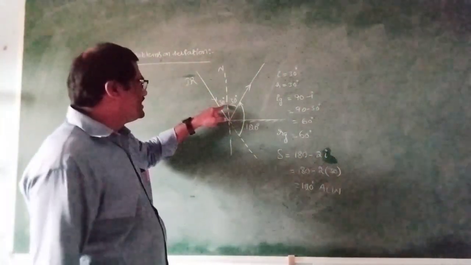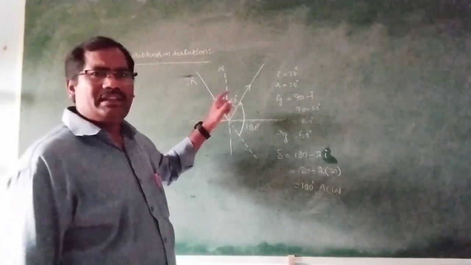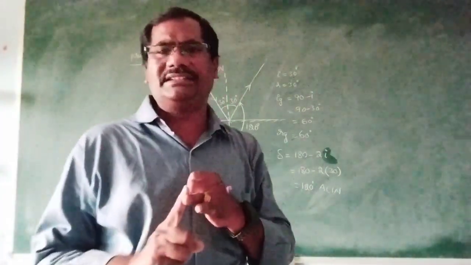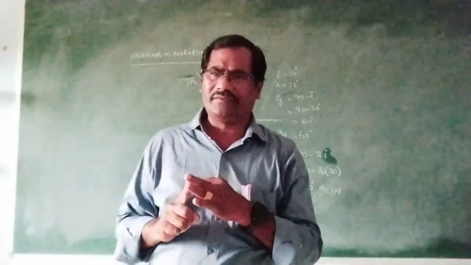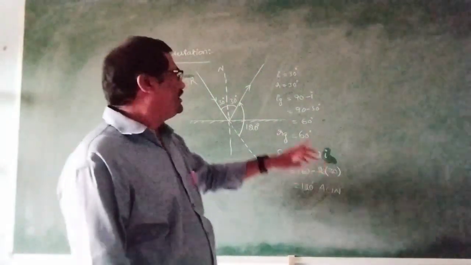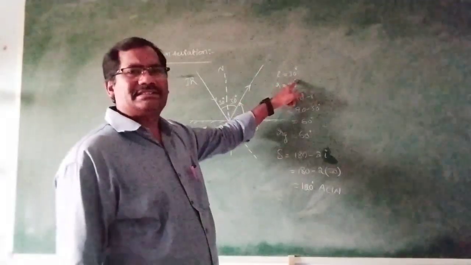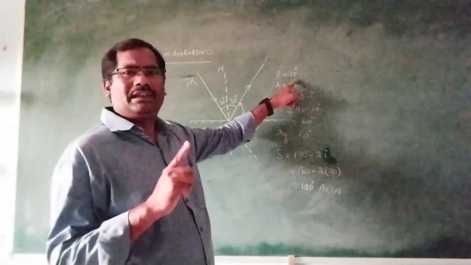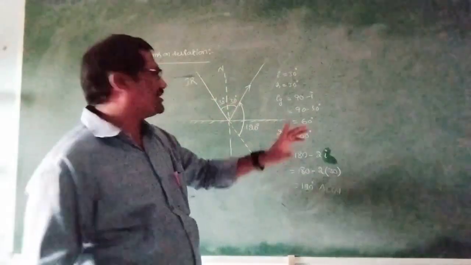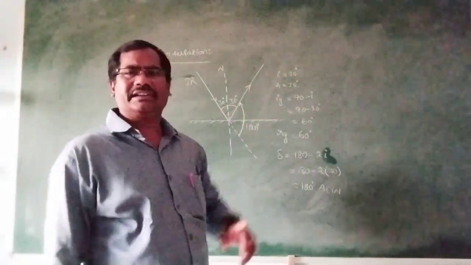Here the angle of incidence is 30 degrees. What is the angle of reflection? What is the glancing angle of incidence, glancing angle of reflection, and angle of deviation? That is the question. This is I, 30 degrees. From the laws of reflection, angle of incidence is equal to angle of reflection, then R is also 30 degrees.